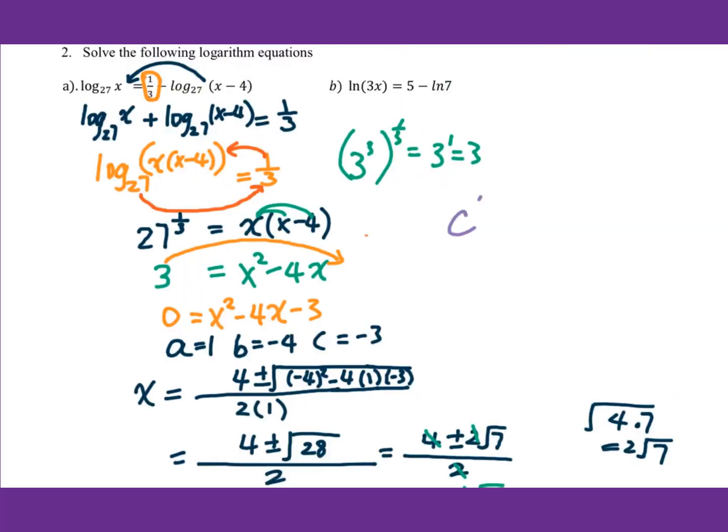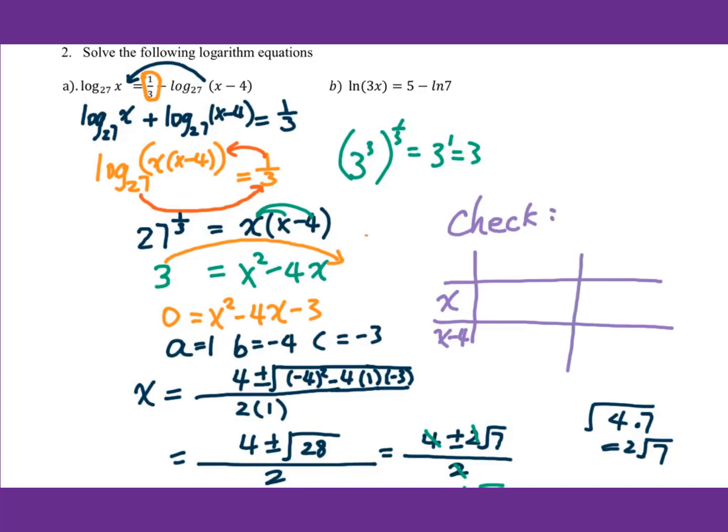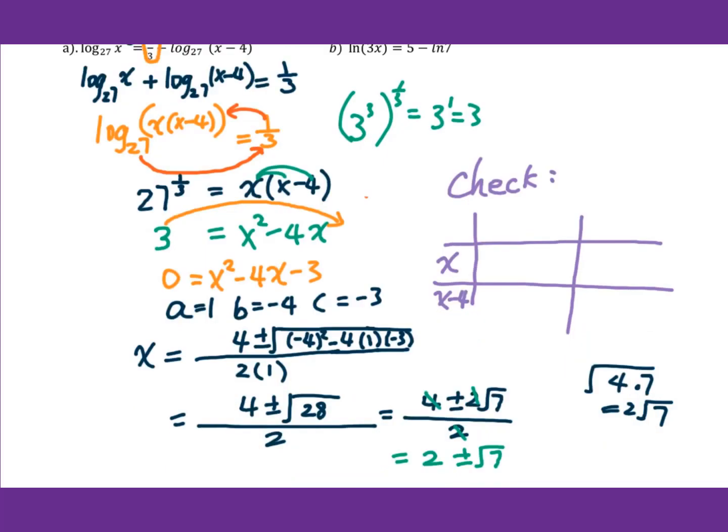Now you need to check the solutions. We have arguments that are x and x minus 4. For solutions, we have 2 plus square root of 7 and 2 minus square root of 7.